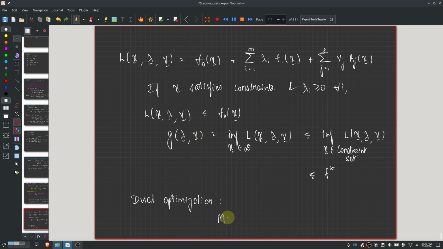So I define this new optimization problem, which is to maximize g of lambda comma nu over all lambda greater than or equal to 0 and over all nu in R^p.